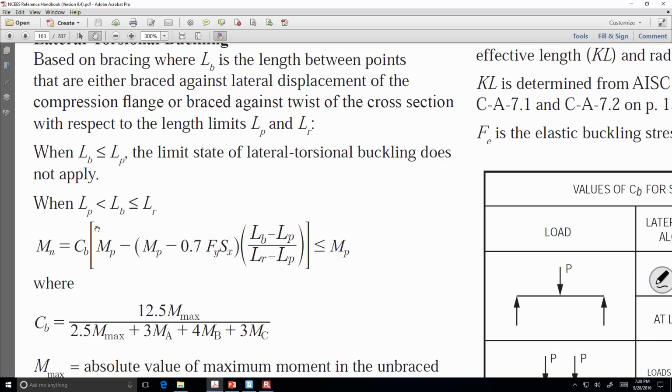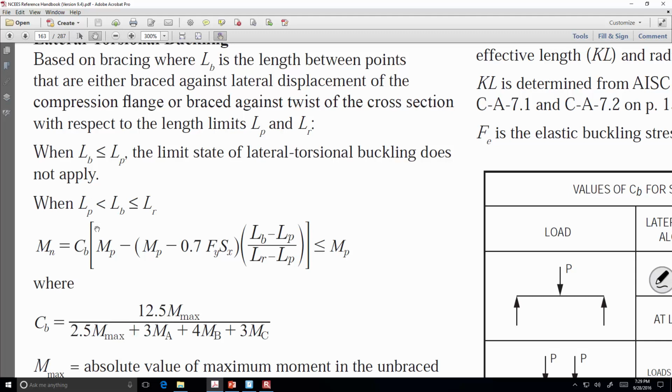The reason for this less than or equal at the very, very end is because of this CB. CB amplifies your moment capacity based on how the moments are, but you can't go above MP. So you can calculate this hullabaloo, but if it's bigger than MP, that's your capacity. That's not going to happen for us because we have a CB value of 1. Everybody good? All right. That's point 1.